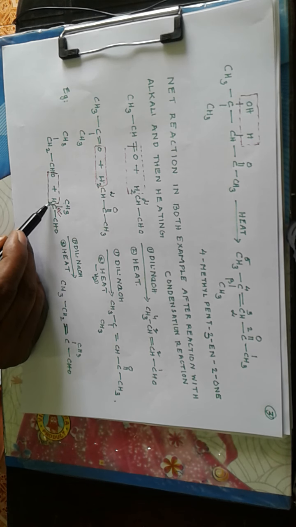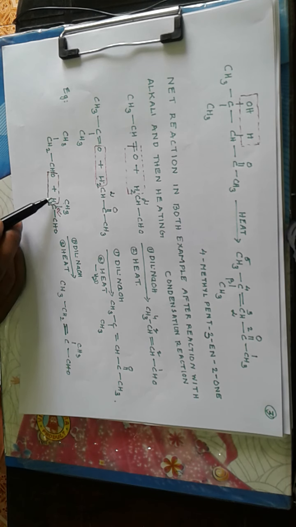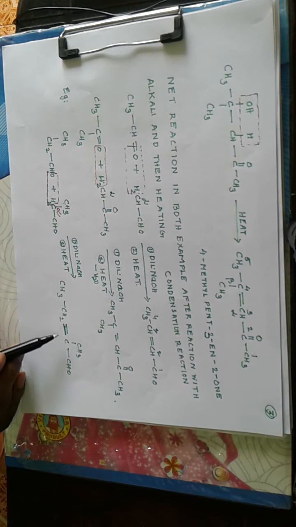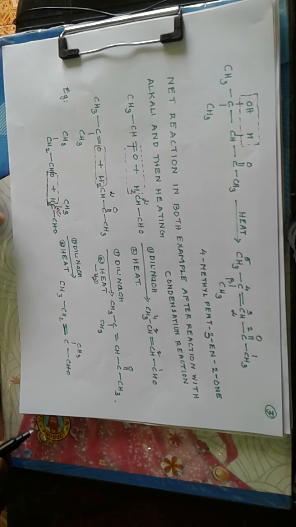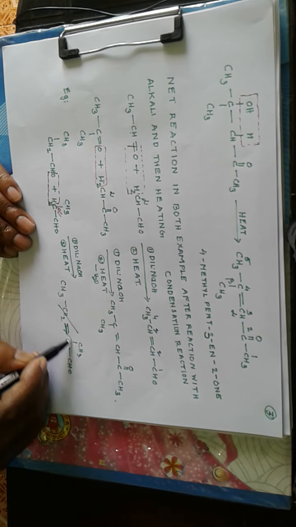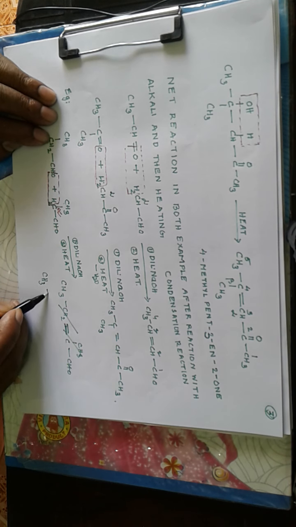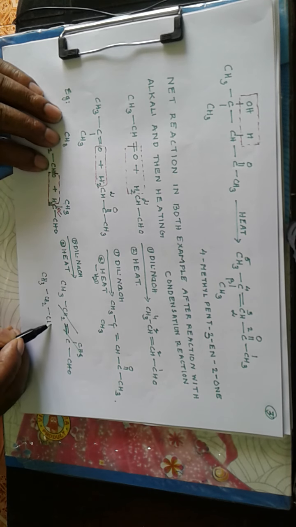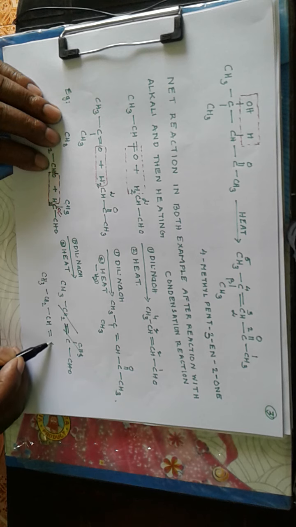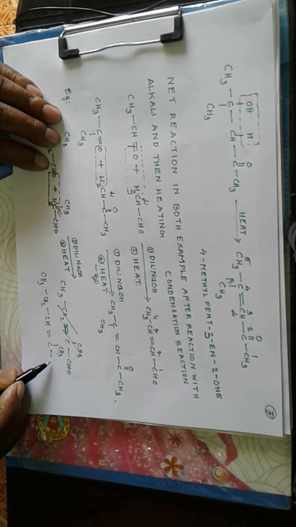The 2 H atoms of the alpha carbon combine with the oxygen atom, and we get a double bond between the CH and the C. So this product should be written as CH3CH2CH=C(CH3)CHO.